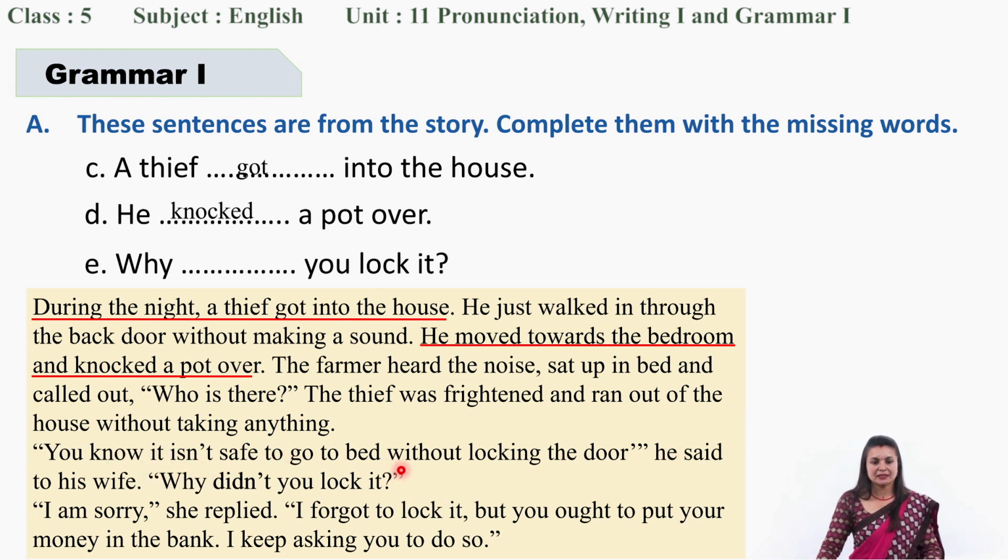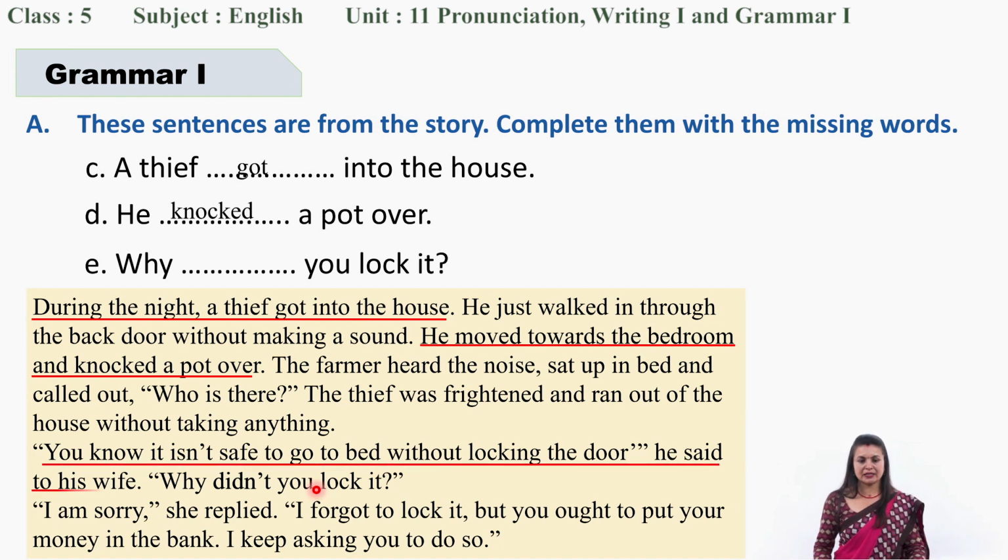Okay, where is it? Okay, so let's see here. You know it is unsafe to go to bed without locking the door. He said to his wife, why didn't you lock it? So you found out the missing word. What is that? Didn't. That's great.